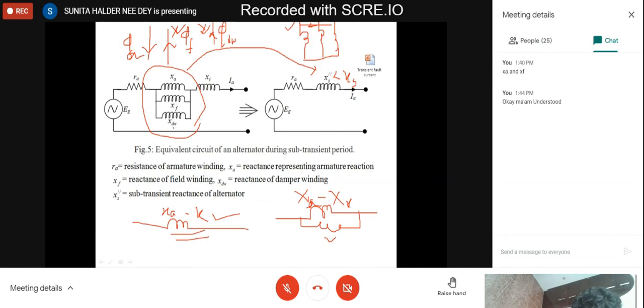XDW means that there is a reduction due to the damper winding. It does not mean that if the field winding reactance is 10 ohm, then here it will be 10 ohm. It will be the equivalent reactance. It may be 5 ohm, maybe 9 ohm, because it is actually the mutual flux that is coming here, or the effect of that one.